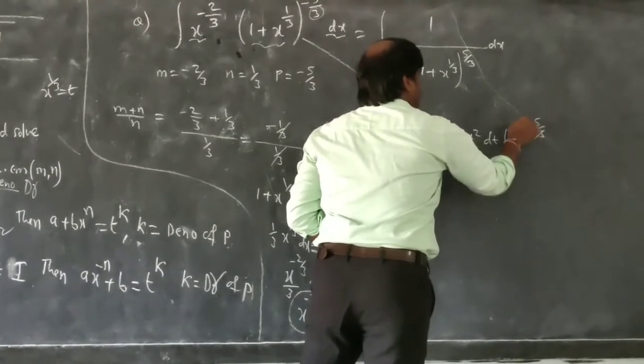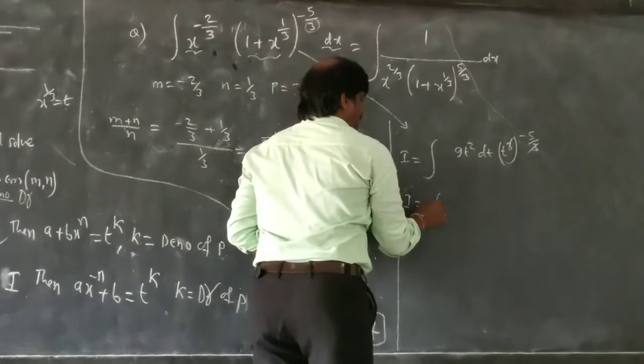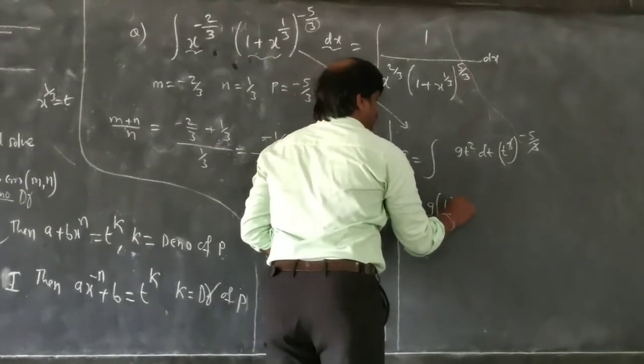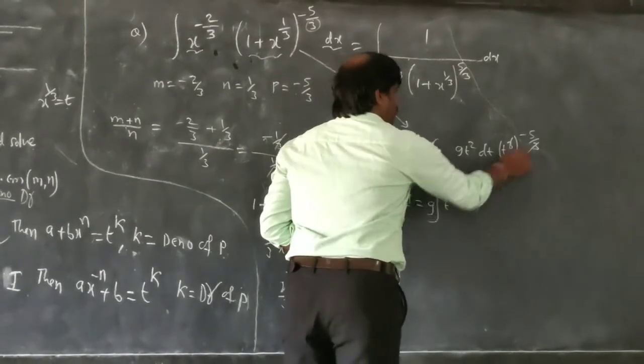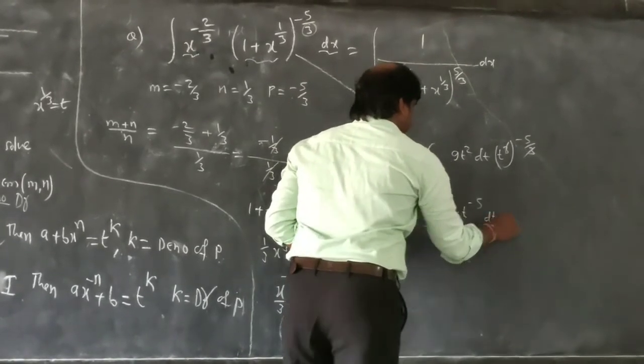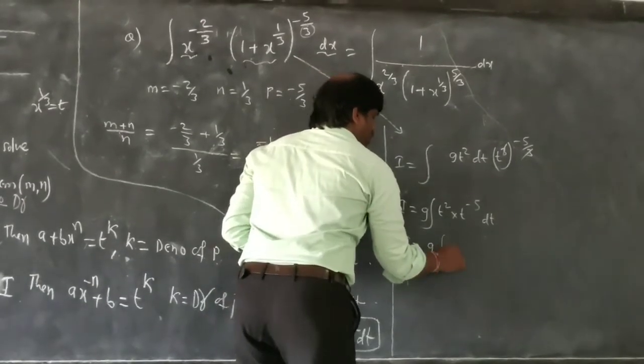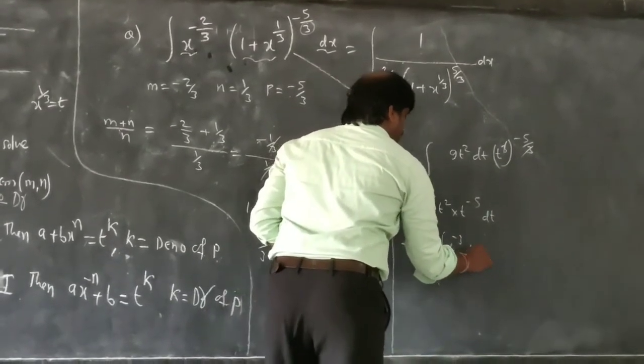So this 3 gets cancelled. I is equal to what I am getting here: 9 comes out, t square into t power minus 5 dt. Then I can write I is equal to 9 into the integration of t power minus 3 dt.